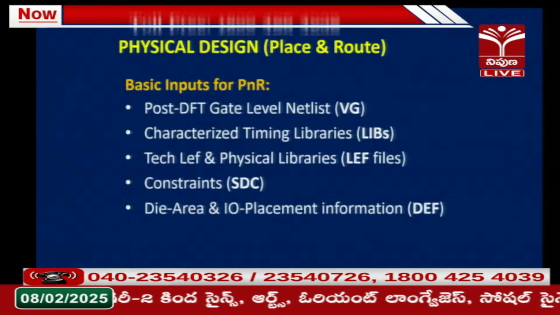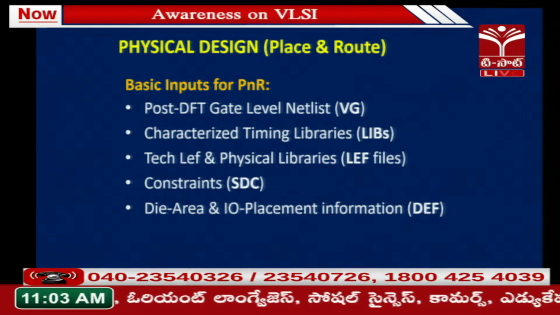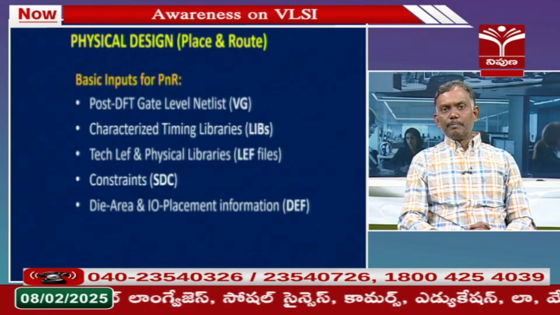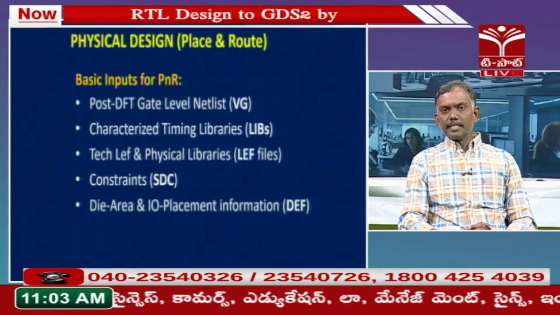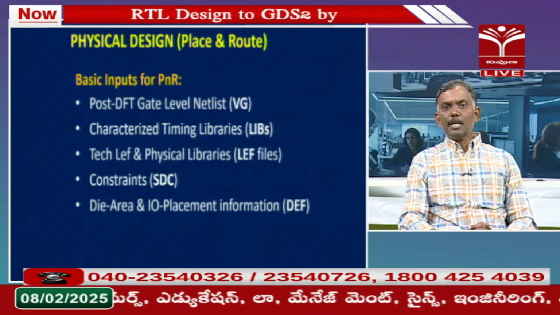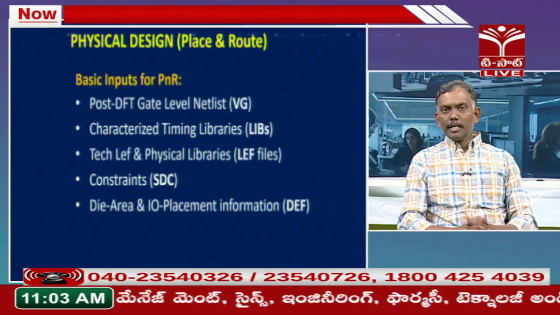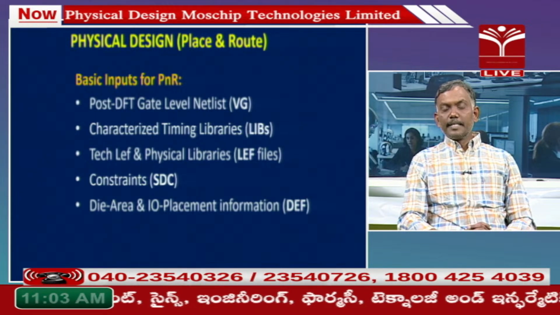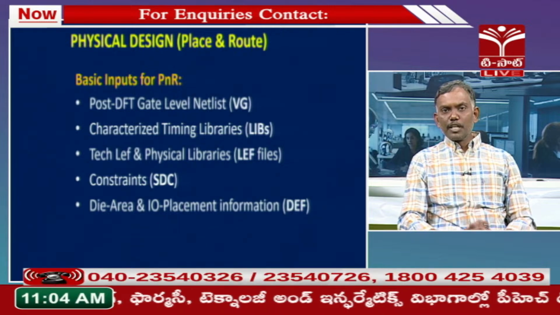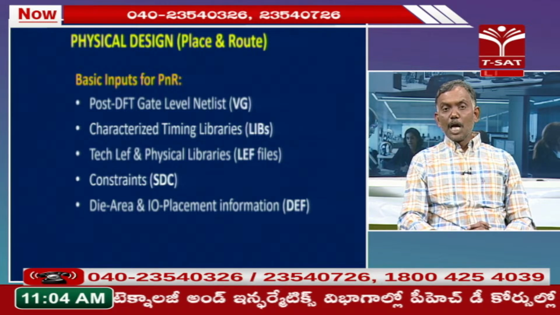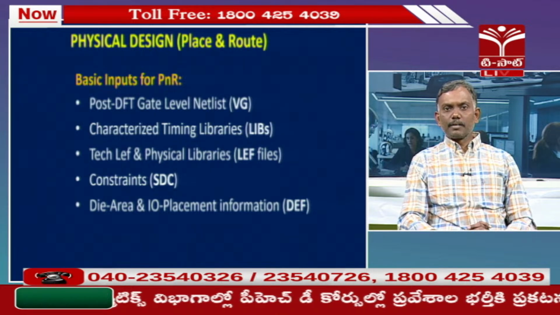And the final one is area information. As we discussed, every chip is targeted for a certain area. As part of the specification, they will come up with an area requirement. What is my die area? How much area is going to be taken by my chip? The die information with a certain height and width is one piece of information. And also IO pad placement, input and output pads placement.